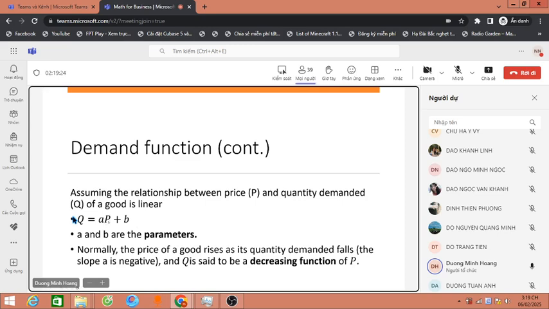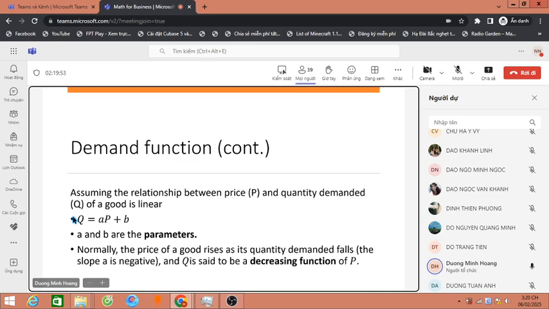Like what we said, with consumers, if price rises, Q will drop. If price rises, people will buy less. If price lowers, people will buy more. So that means there is a negative relationship between P and Q in the demand function.